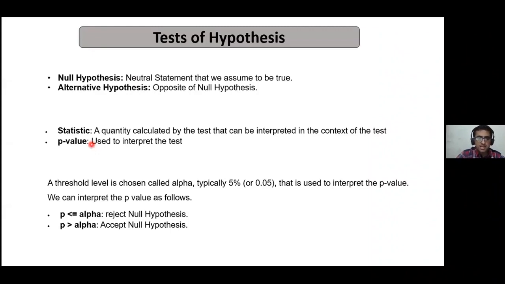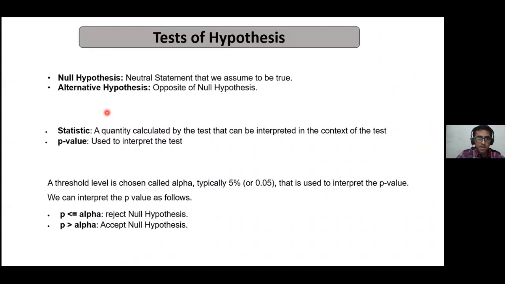The second major point in testing of hypothesis is the statistic. Given the data that we have, we calculate a statistic, and that statistic can be interpreted by the p-value. The data can be normal, non-normal, any distribution, depending on the data that we have.